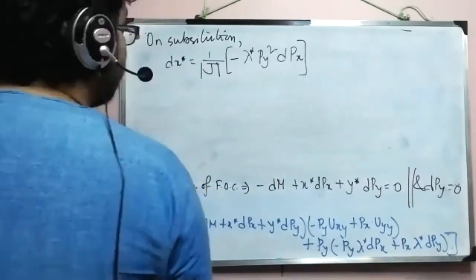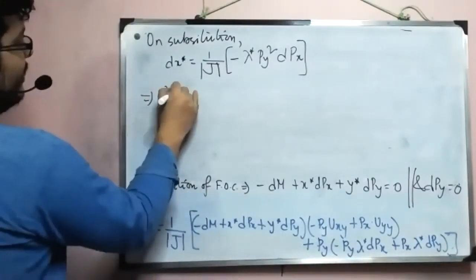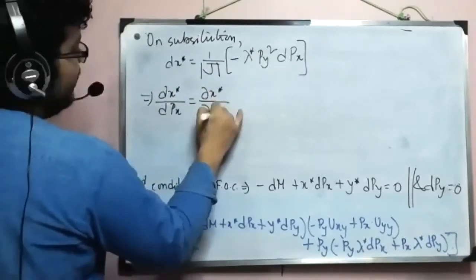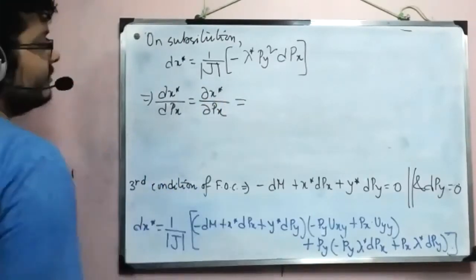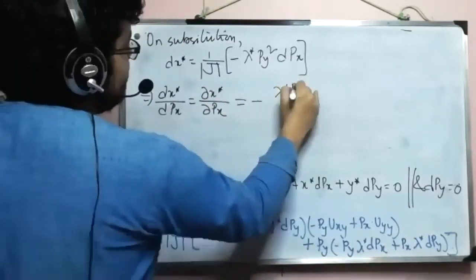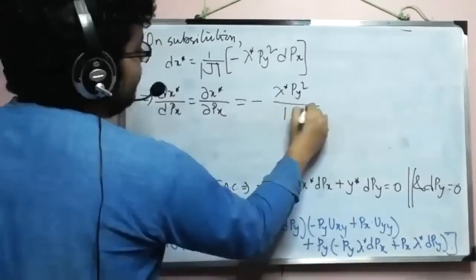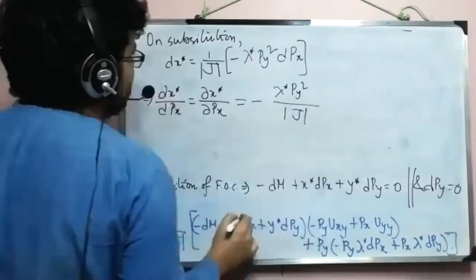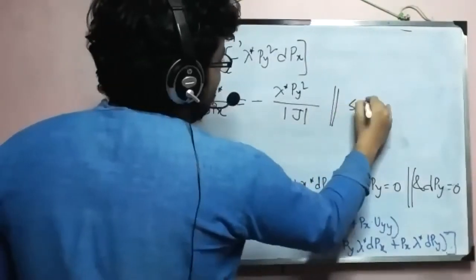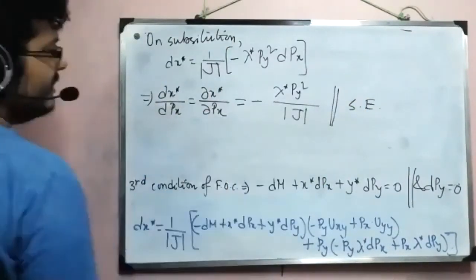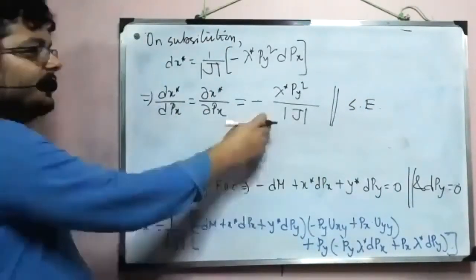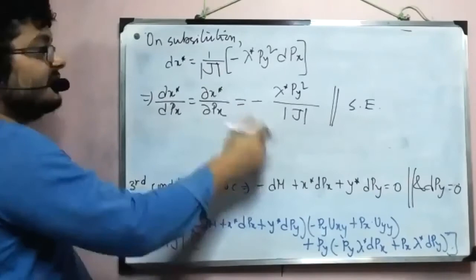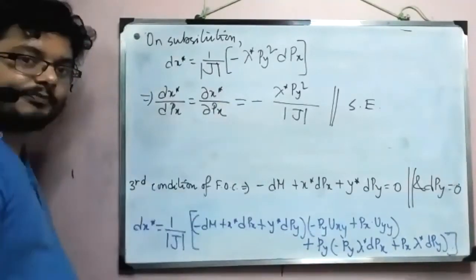Okay, and from that we can easily write dx star by dpx equal to del x star del px equal to minus lambda star py square by Jacobian. Now look at this expression. So this is, first of all, our substitution effect. So again, write it down, because we will get this. I hope at least we will get this in the end, or it is our duty to check whether we have obtained this in the end or not.